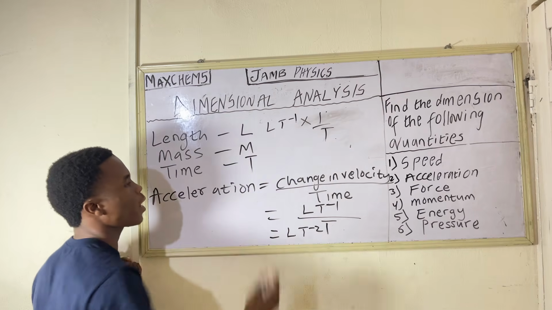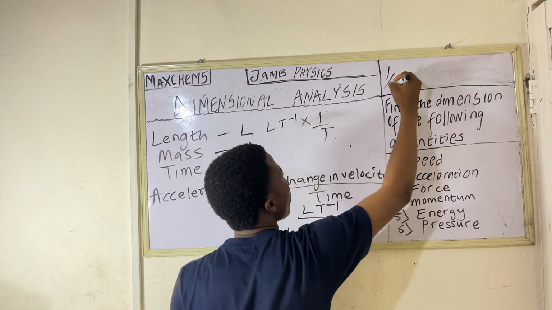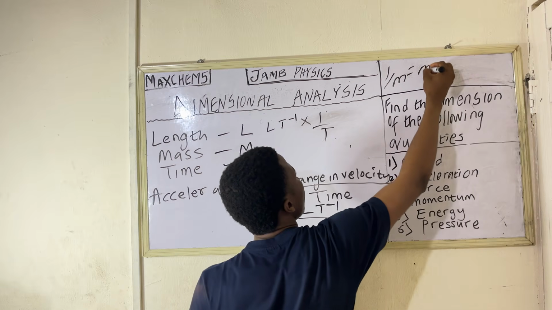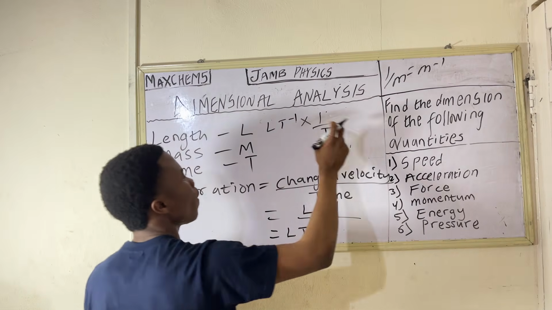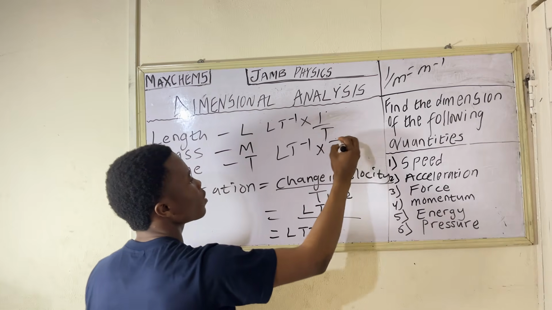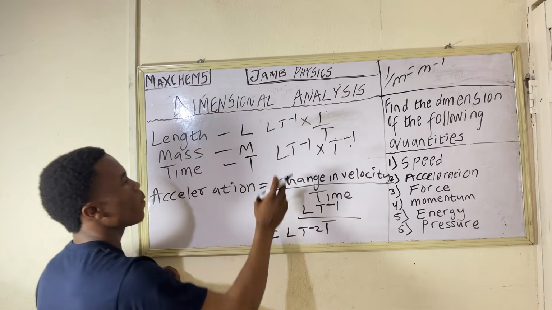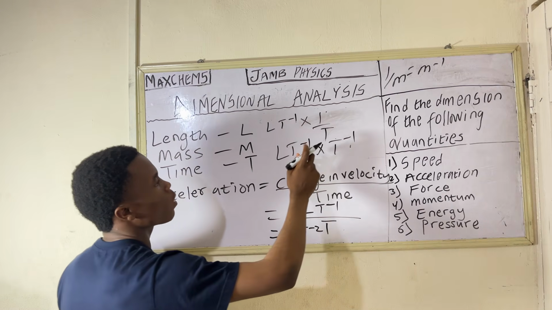So L T minus 1 times 1 over T. And I told you in the law of indices, 1 over m is equal to m raised to power minus 1. So this is equal to T raised to power minus 1. So we have L T minus 1 times T raised to power minus 1.